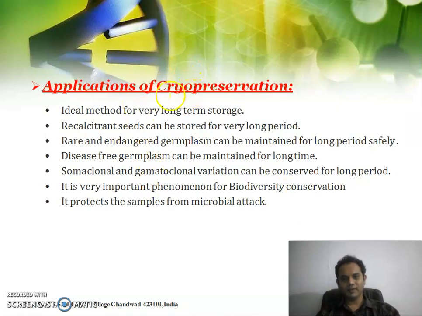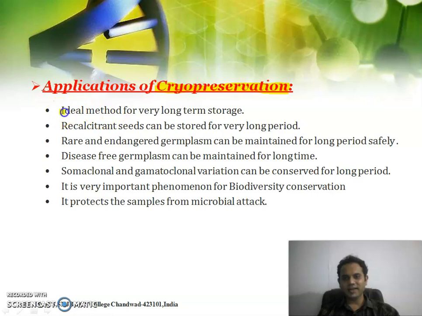Then we'll move toward the conclusion by studying the applications of cryopreservation, which is the most important method of germplasm conservation, by which we can preserve germplasm for a very long period of time. So what are the different applications of cryopreservation?